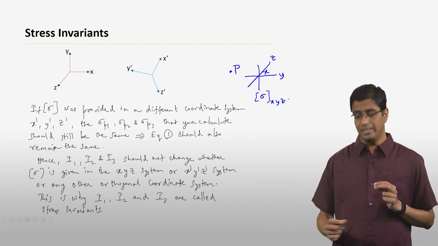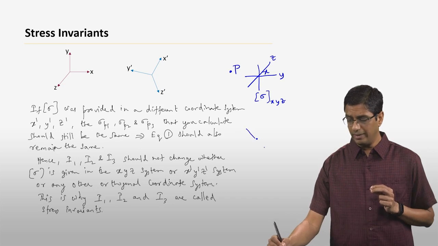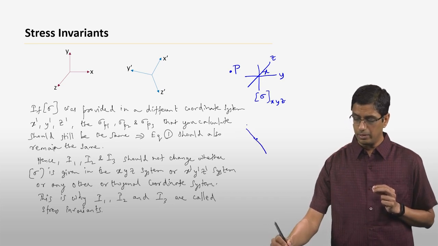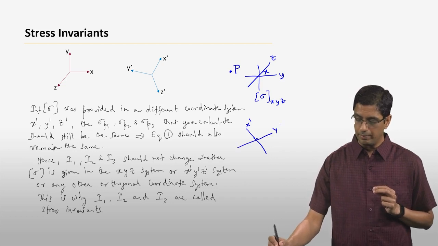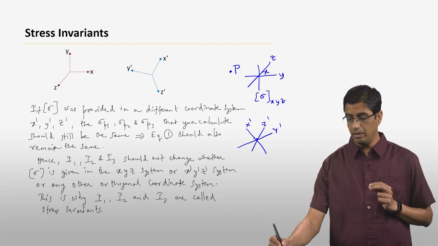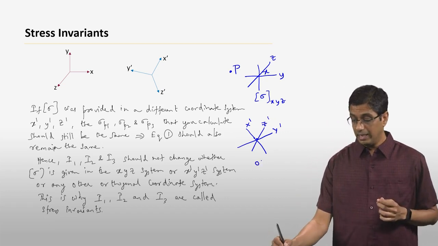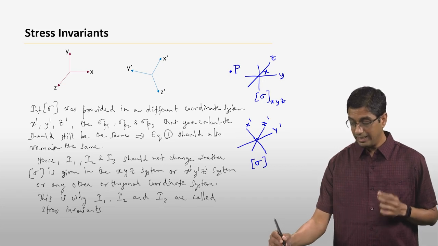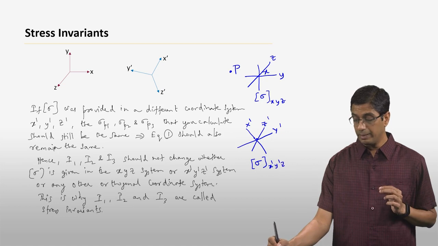Now you can consider the exact same point P, but now I can define three different planes, x prime, y prime, and z prime. Again, x prime, y prime, z prime, all of them are perpendicular to each other. Now I will get a different stress matrix at the exact same point in the x prime, y prime, z prime coordinate system.